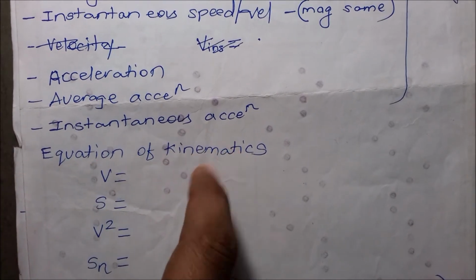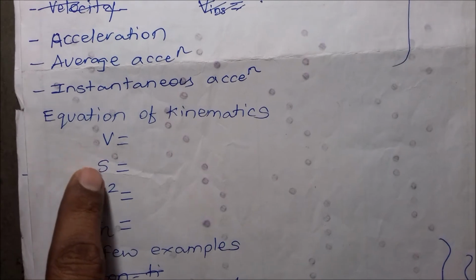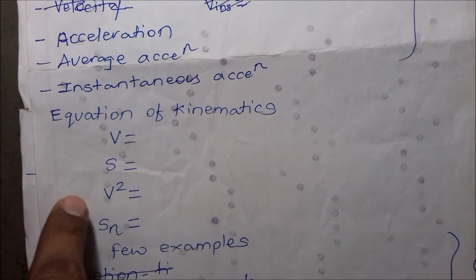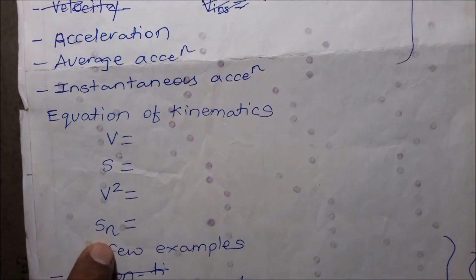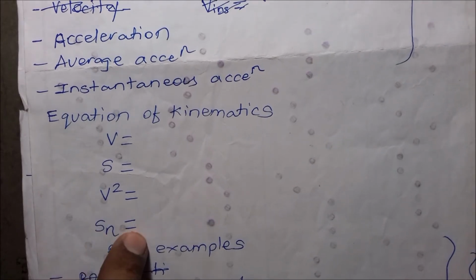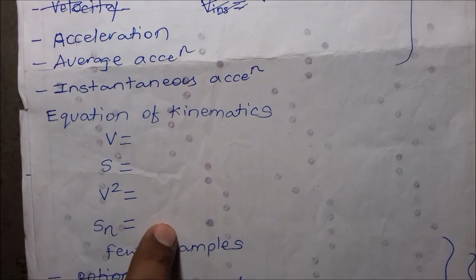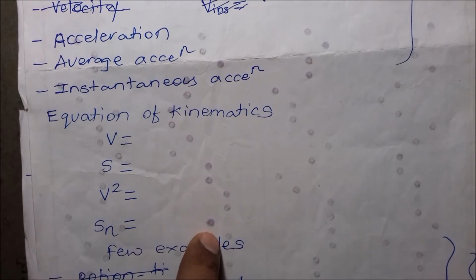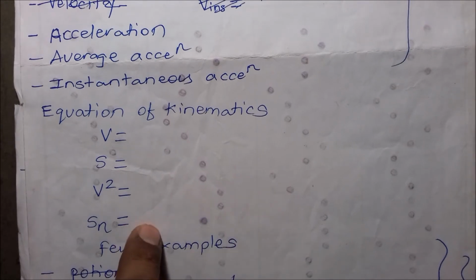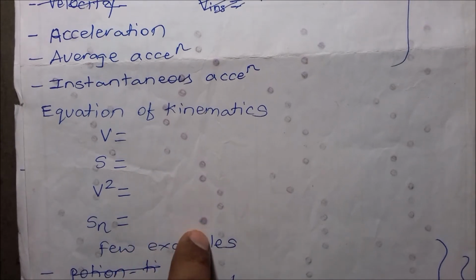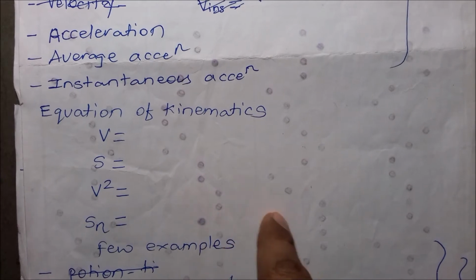Equations of kinematics. V is equal to U plus AT, S is equal to UT plus half AT square, V square is equal to U square plus 2AS, and Sn, this is the new equation. Sn, distance covered in nth second, is equal to U plus A by 2 into 2n minus 1.